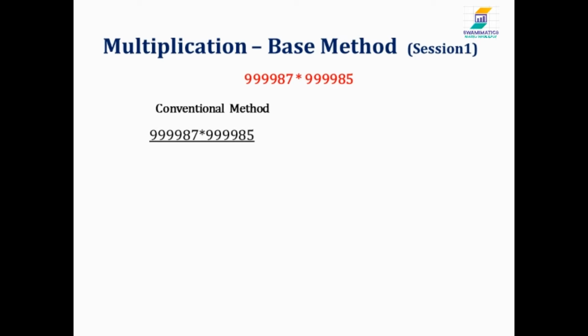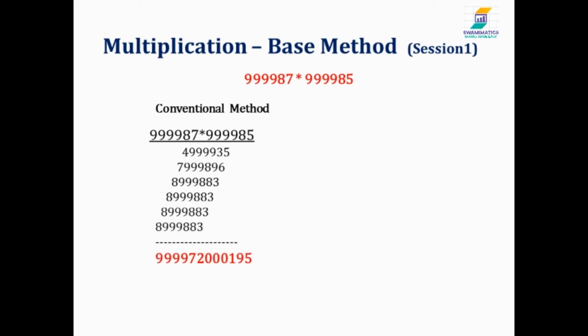What do we do in a conventional method? First we take the unit digit of the multiplier and we multiply all the numbers in the multiplicand. Once we complete with the unit digit, then we take the 10th digit and multiply. Then the 100th digit of the multiplier, 1000th digit of the multiplier, etc.